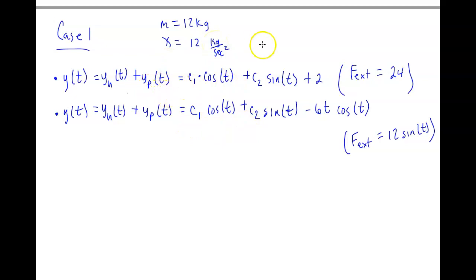then we'll see that if I was to apply an external force of 24 newtons, just constant 24 newtons, we would see that the corresponding response to that system with these conditions here and our damping being non-existent, because that's what case 1 is when the damping is 0, we end up with this oscillatory function, of course, some constant times cosine plus another constant times sine plus 2, okay?